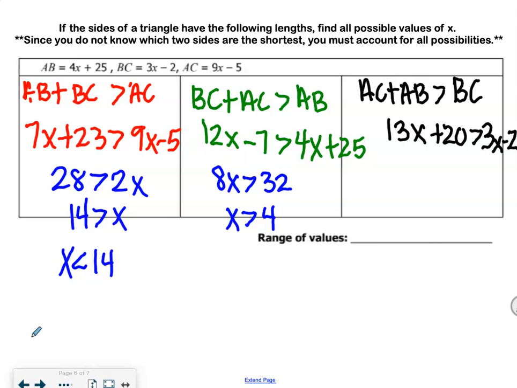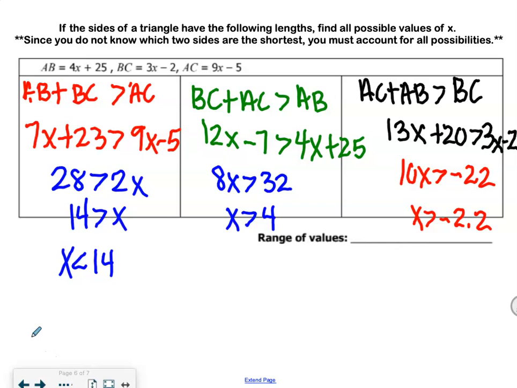It's okay that we'll get a decimal, don't worry. So 10x is greater than negative 22. Right. x is greater than what? 2.2.